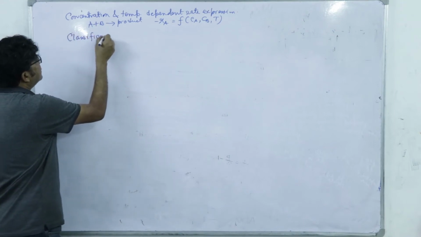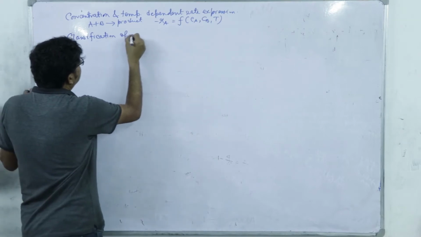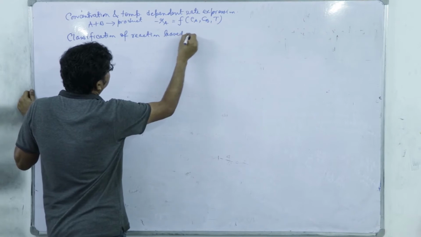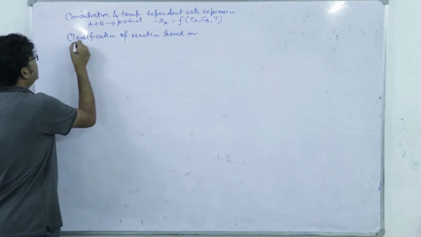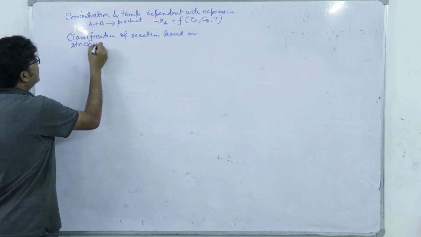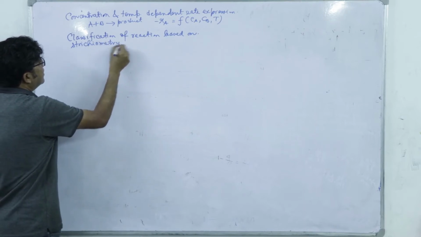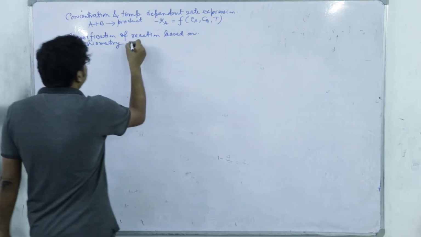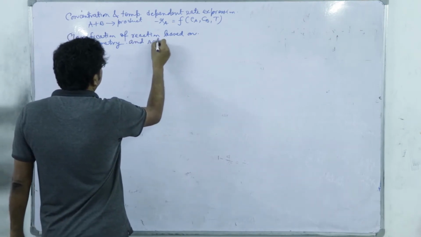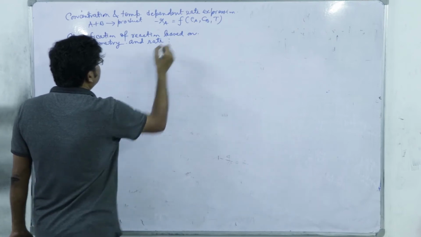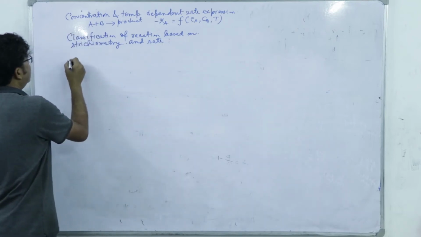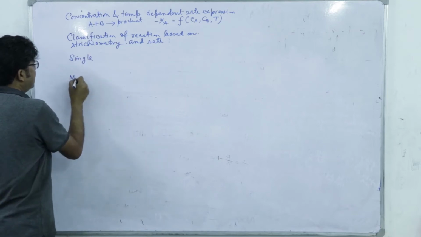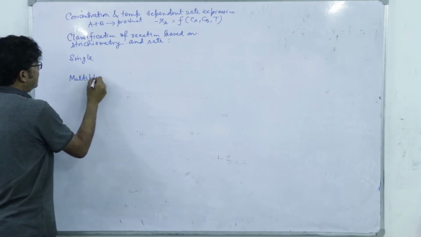Classification of reaction based on stoichiometry and rate equation or rate. So, first classification is single and multiple reactions.